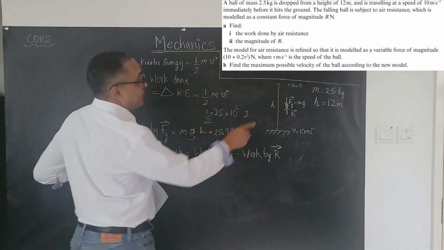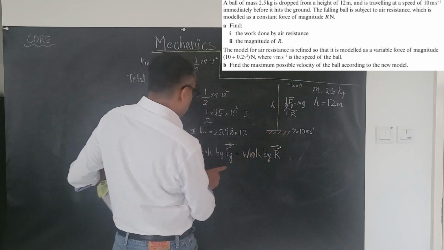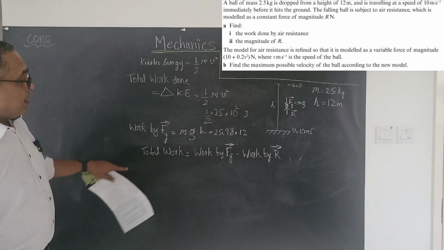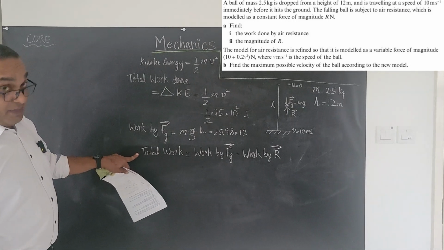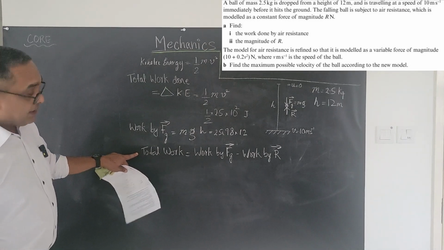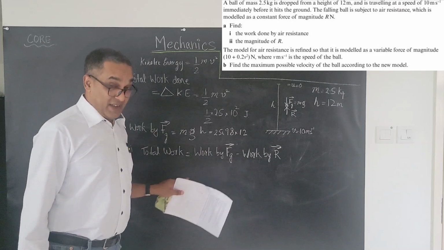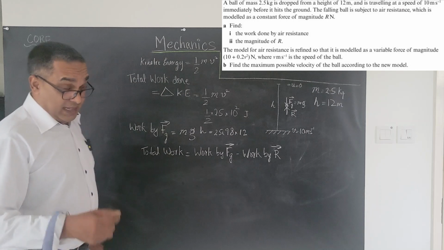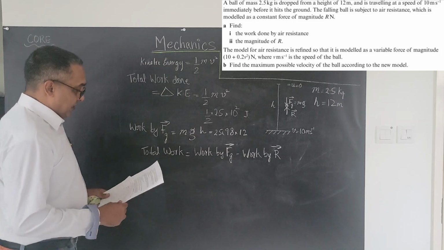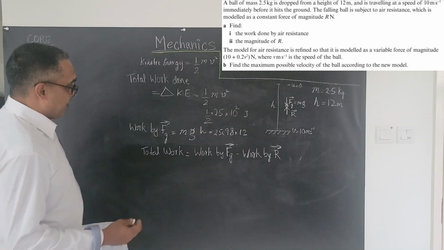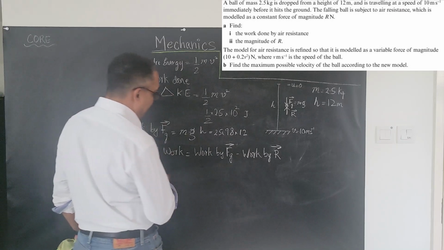But the idea here is because I have directions, I stated it this way. Your examiner may be tempted to look at this and say, do you understand directions? Because in any other form, you would have ended up with a negative value. And that is important because they're not asking you for that vector. They just want the value of the work done by air.